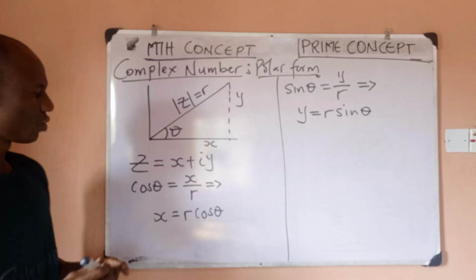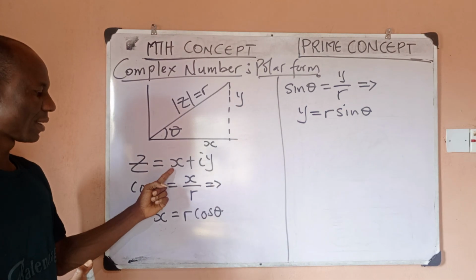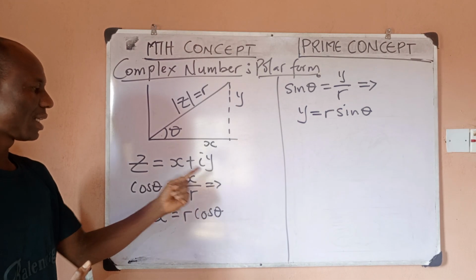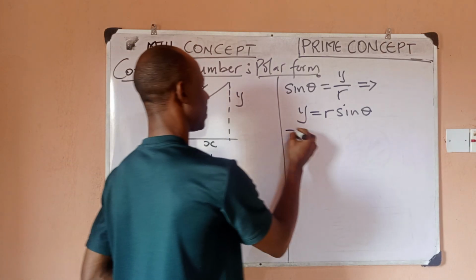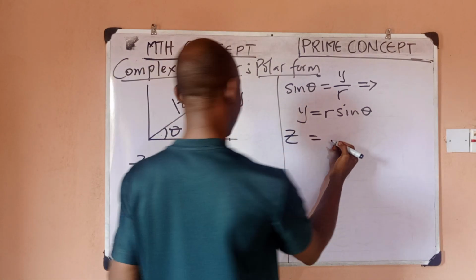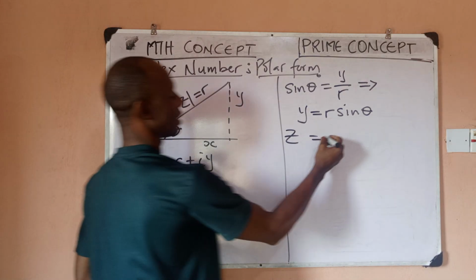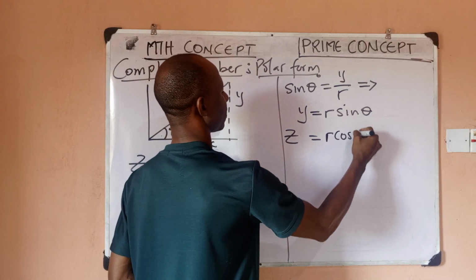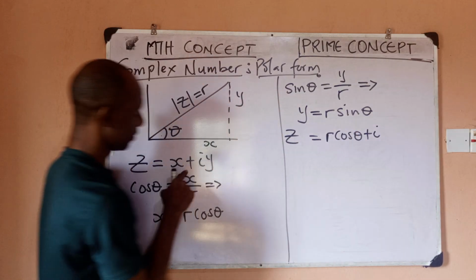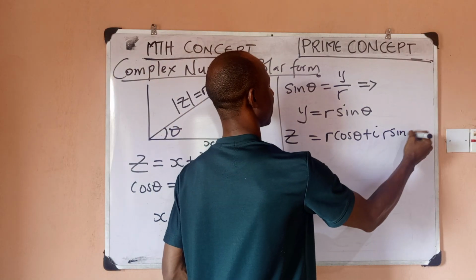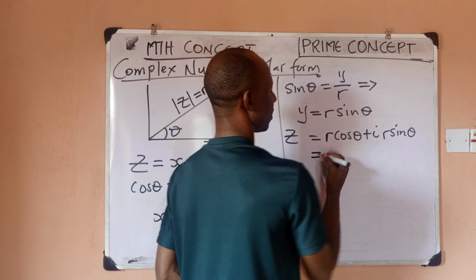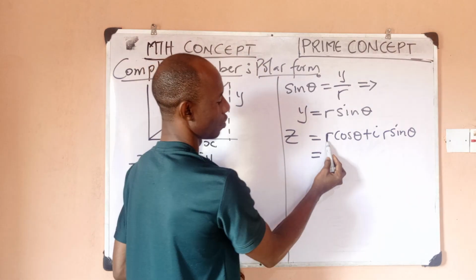Now what I'm going to do is to quickly replace x with r cos theta, and then I'll replace y with r sine theta, so that z becomes, instead of x, r cos theta plus i, this is i, instead of y, r sine theta, so that you notice that something is in common, which is r.